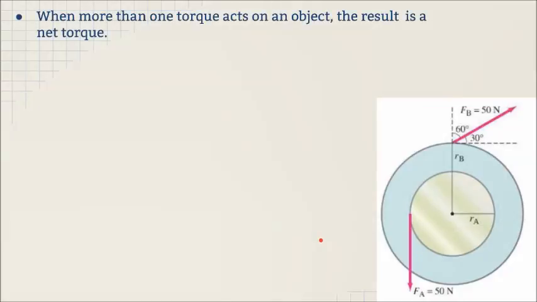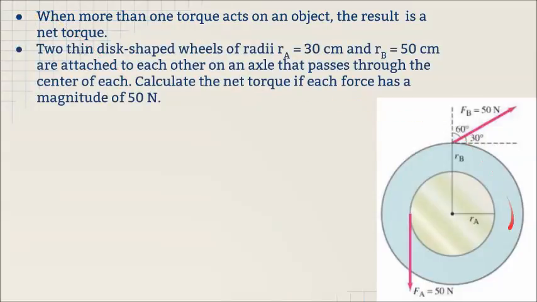Okay, so here's another concept, and that is when there's more than one torque acting on an object, then we can add them together to get what's called the net torque. This is set up so that these two wheels are connected to each other.